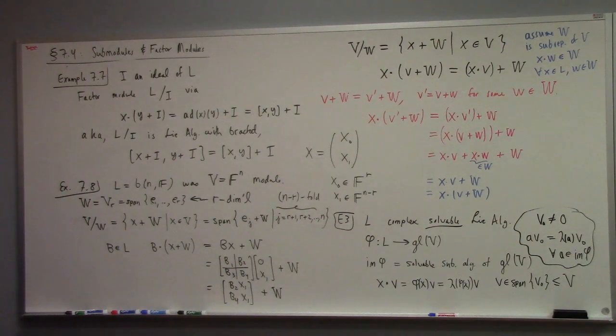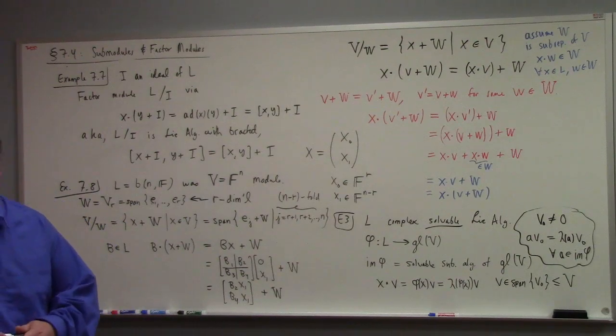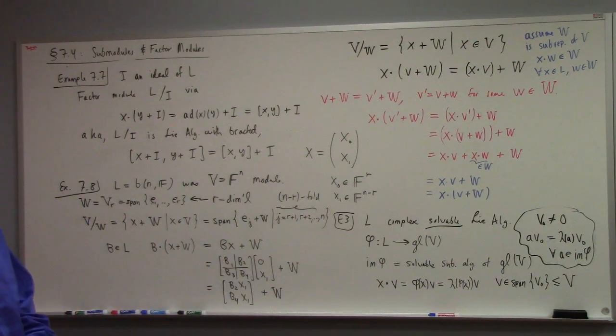The action of the matrix on the quotient is completely governed by blocks 2 and 4, which correspond to the last n minus r columns of this upper triangular matrix. And I'm thinking that what the book has written is another notation to express this same thing.